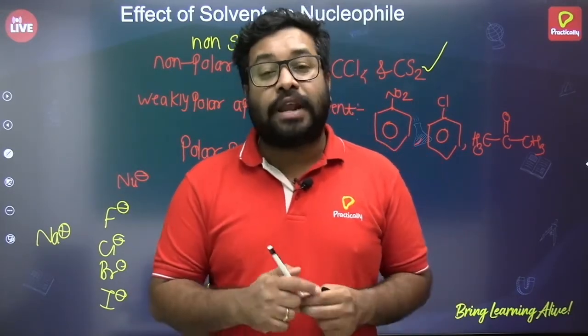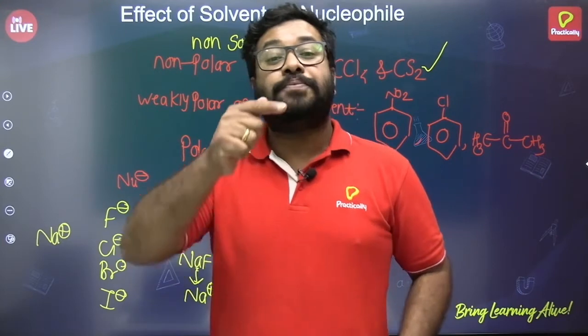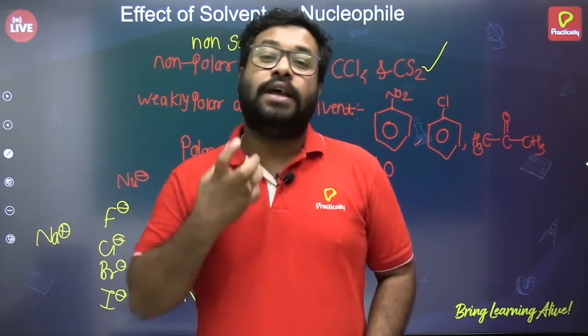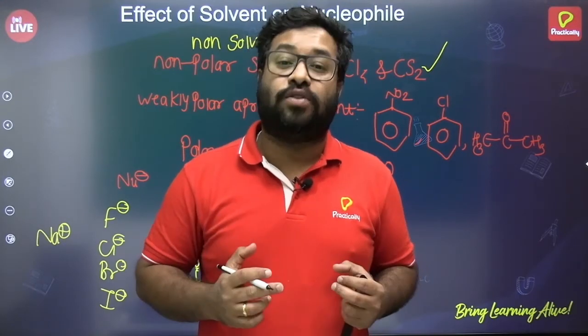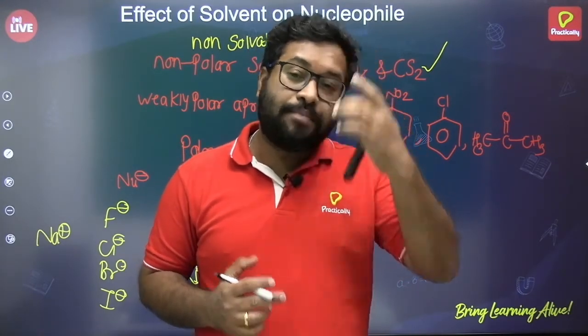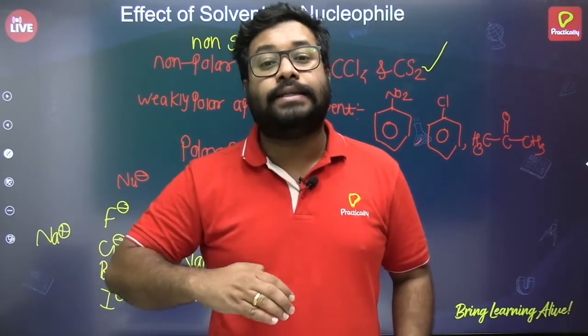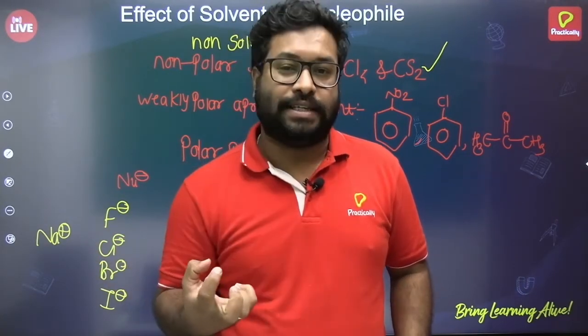Why? Because whenever the anion is smaller, the negative charge would be very highly concentrated, and therefore Na plus would effectively decrease the intensity of an anion which is smallest in size.